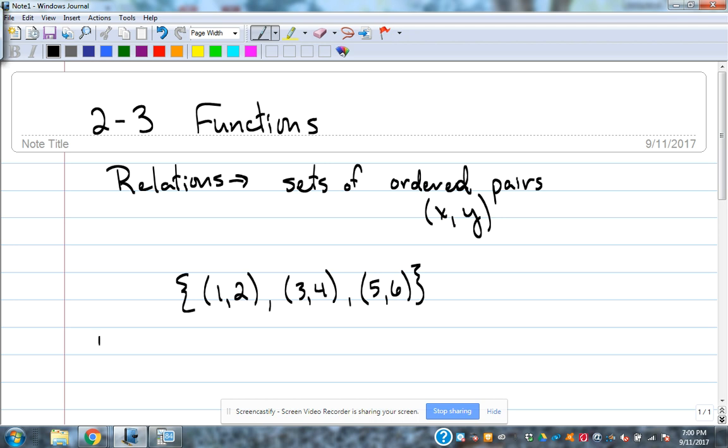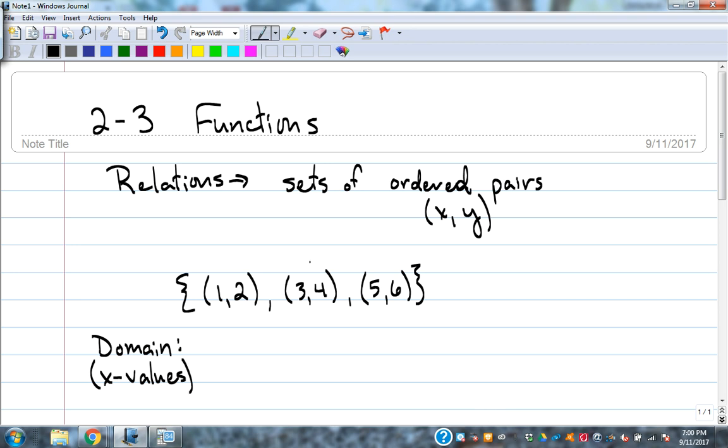In a relation, you have a thing called a domain. The domain is the x values. If we look at that relation that we've got here as an example, the domain of that would be 1, 3, and 5, and you put that as a set. The range of a relation deals with the y values.